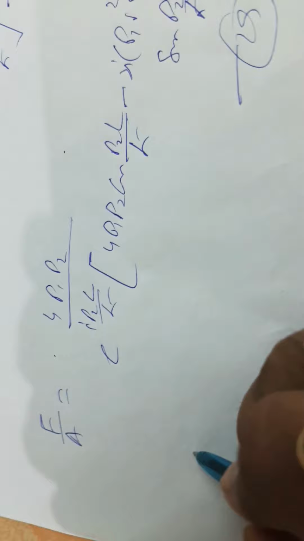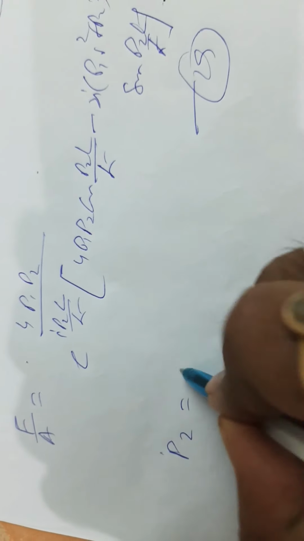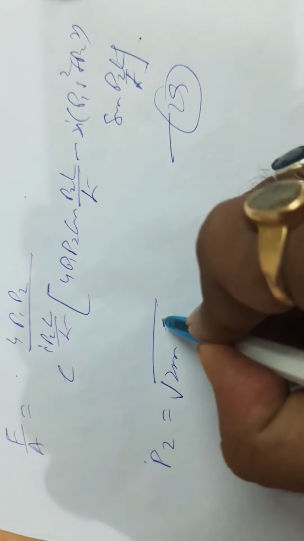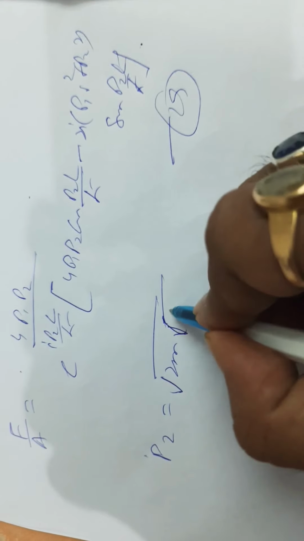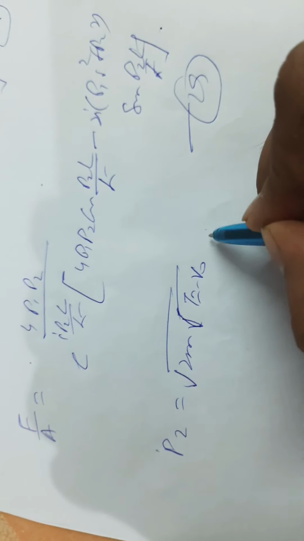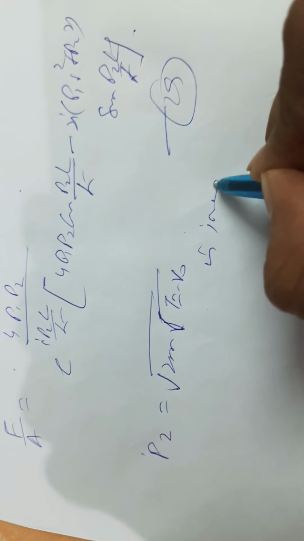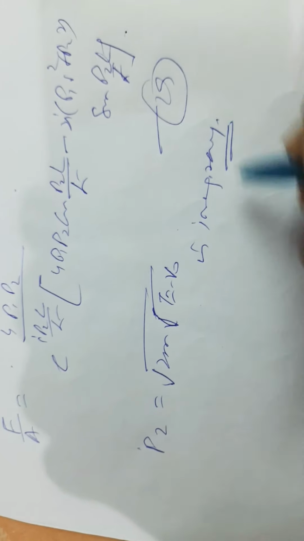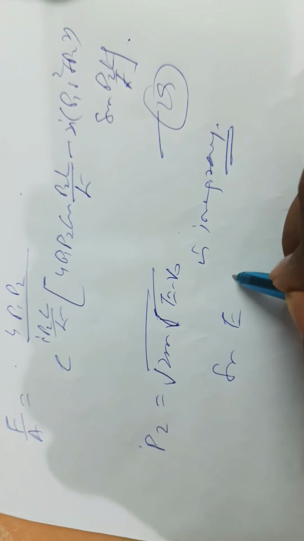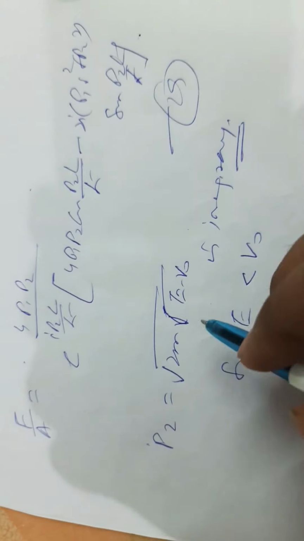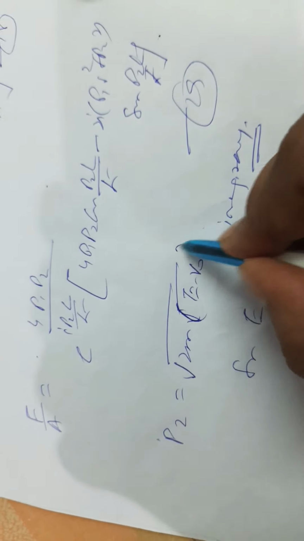Here P2, as we know, is given by P2 is equal to under root 2m into under root E minus V naught. This is imaginary, since E is less than V naught. So this has to be in a bracket.